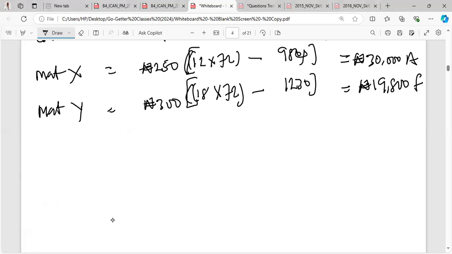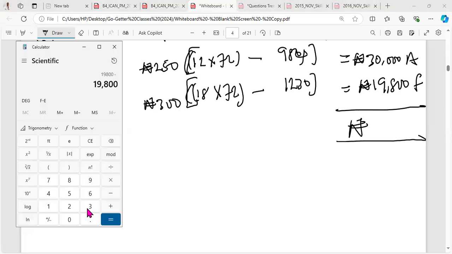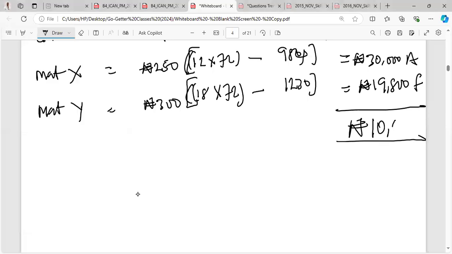When you add these together, we have 19,800 favorable and minus 30,000 adverse. You are getting 10,200 adverse.